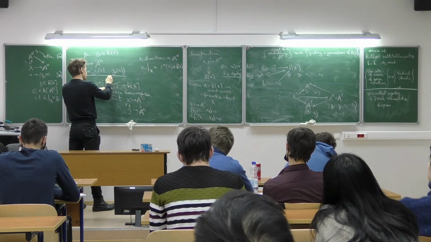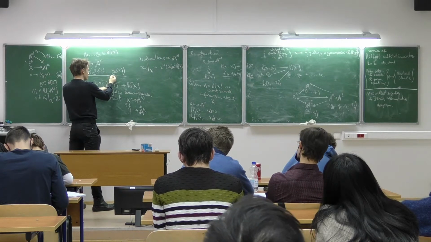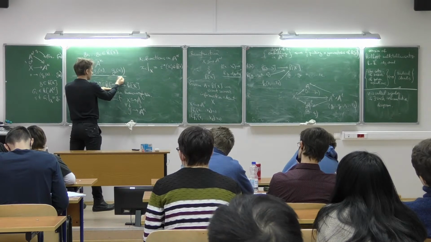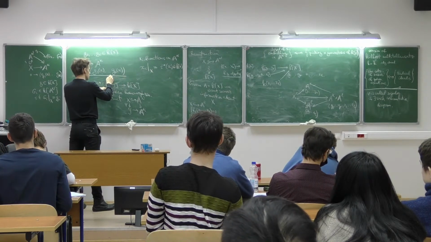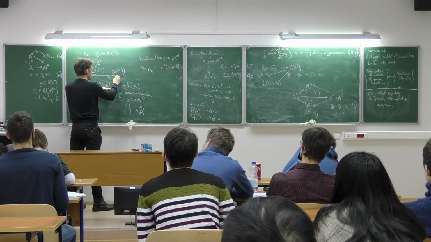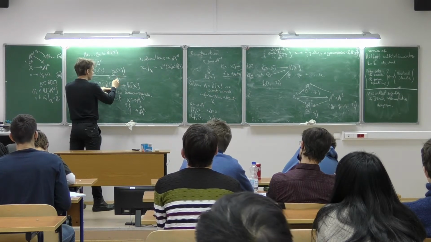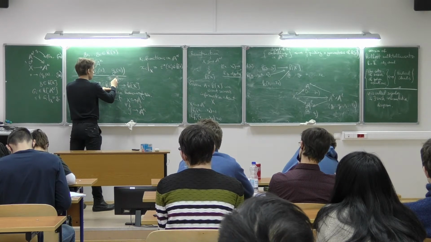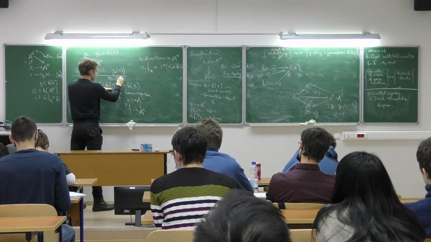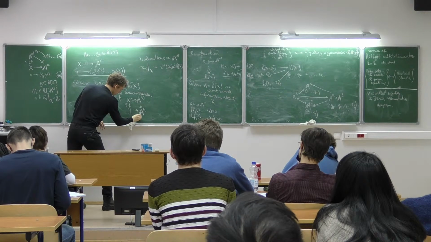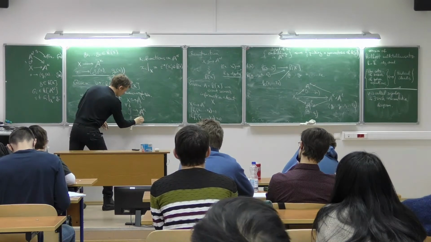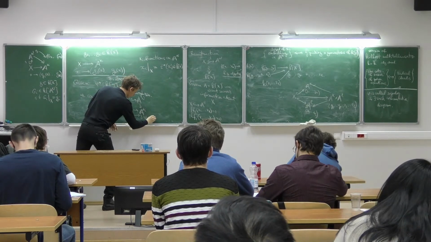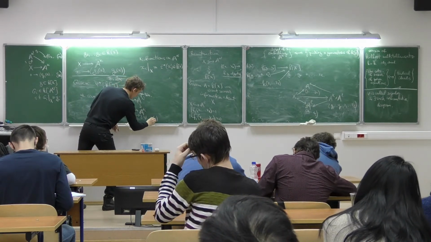So let us pick generators g_1, ..., g_m. So they map a point y into g_1(y), etc., g_m(y).